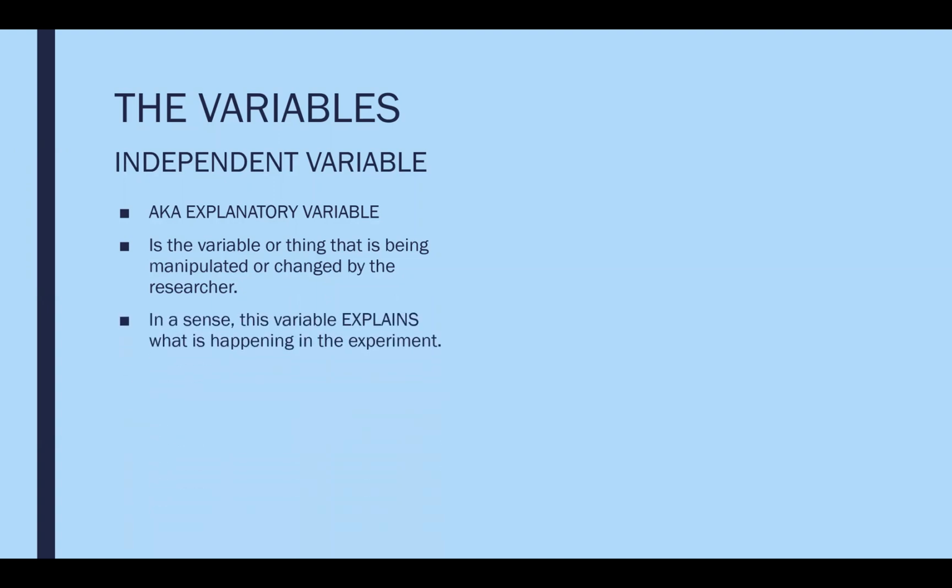So the thing that is being manipulated or changed by the researcher is your independent variable. The independent variable explains what's happening, that it explains why the behavior for one group is different than another group. We often represent the independent variable by the letter X. Again, that's a carryover from algebra.